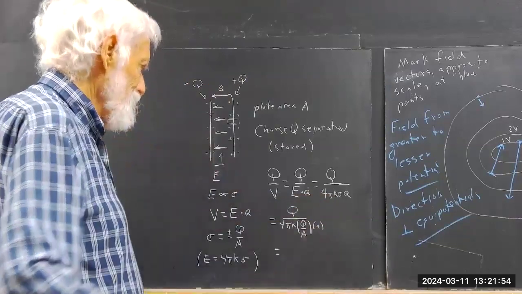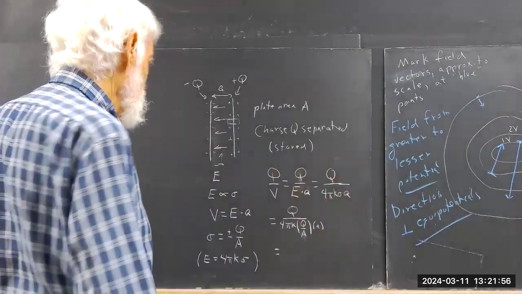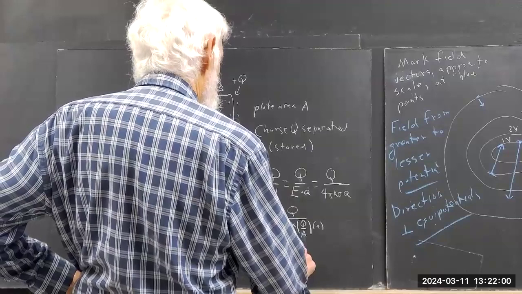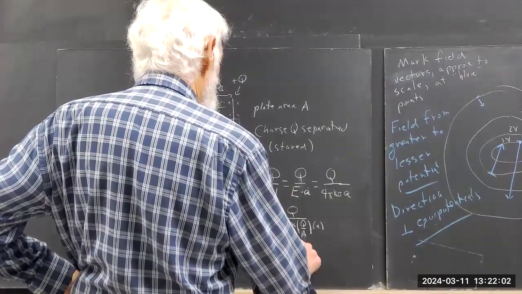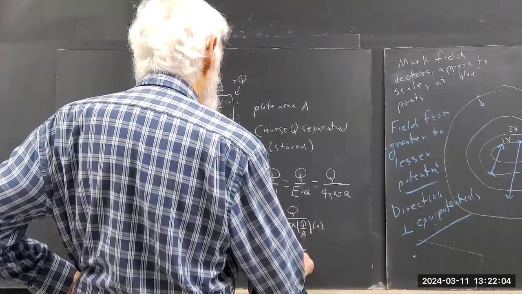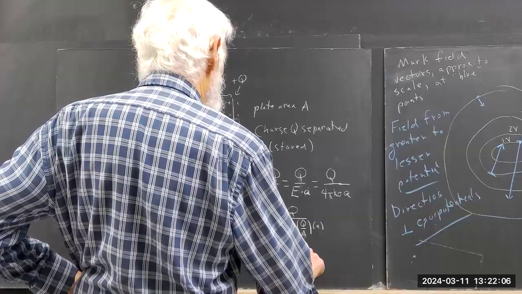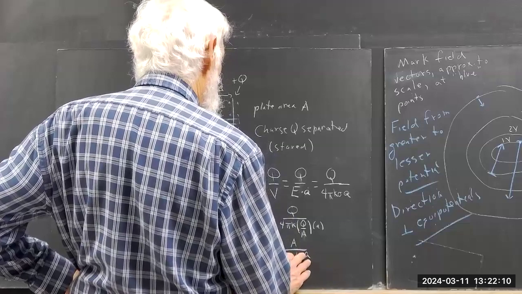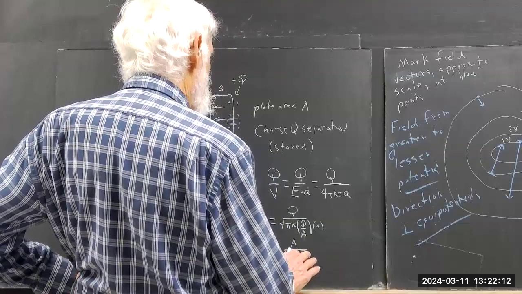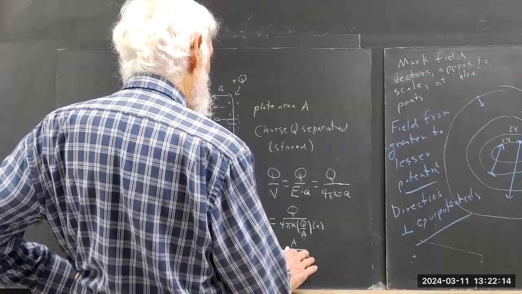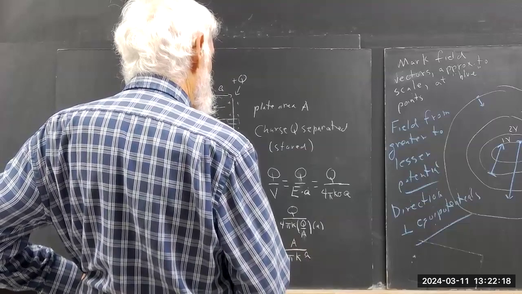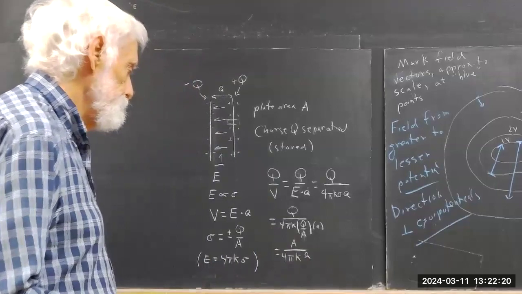So wait a minute, those little a's cancel out. Okay. We finally get big A over 4 pi k times little a.